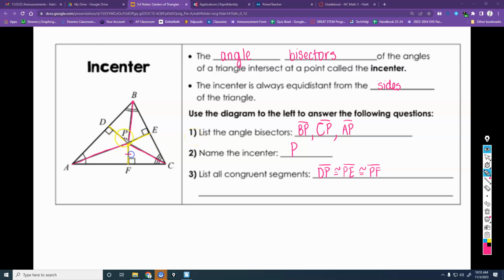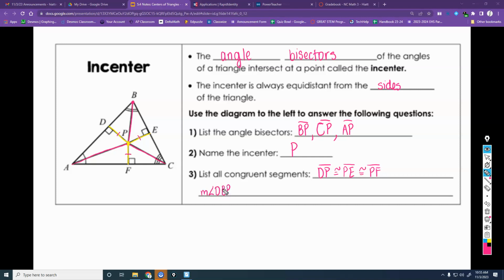You can mark them with one little tick mark to show they're all the same. It says list all congruent segments, and technically angles are not segments. But I would also like to note that you're going to see this sometimes, measure of angle DBP.